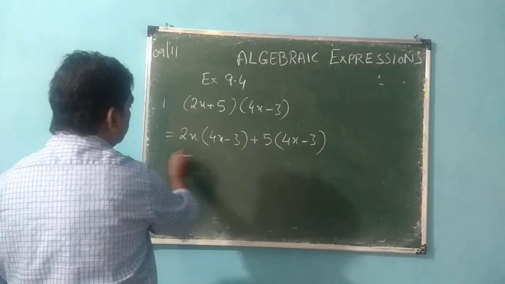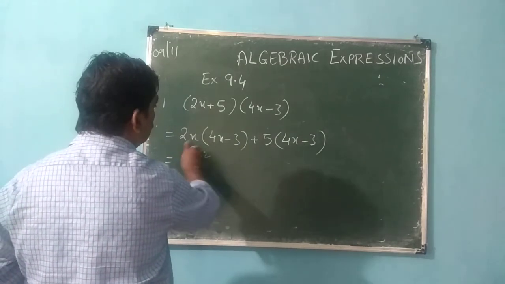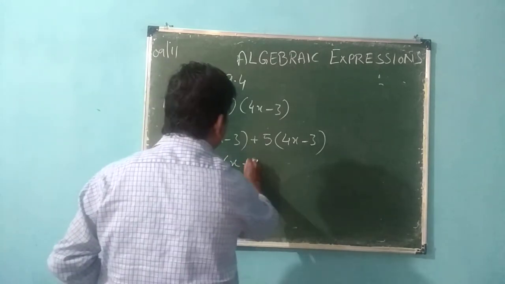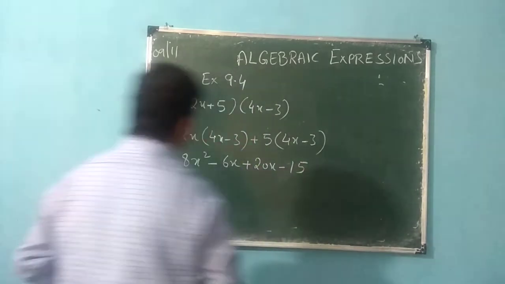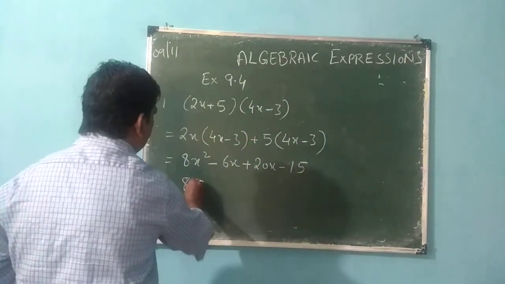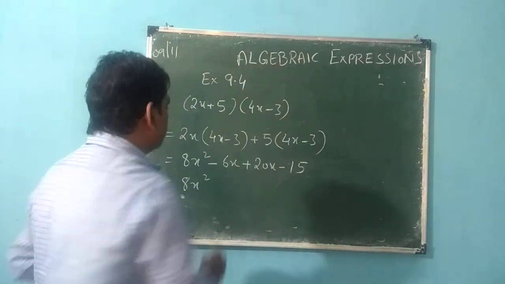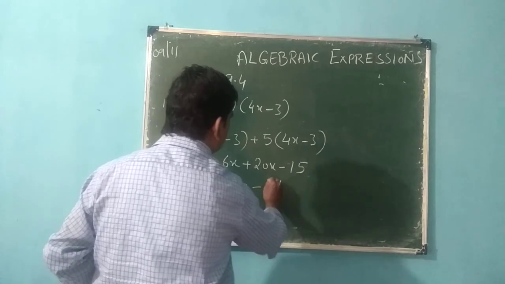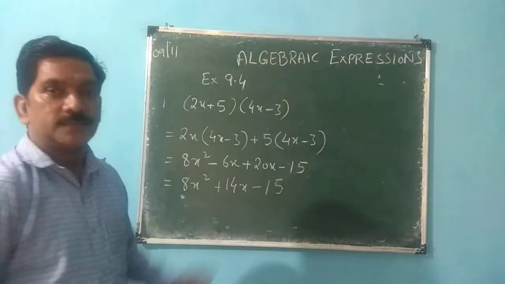So 2 into 4 is 8. x into x is x square. 2 into 3 is 6x, plus 20x minus 15. 8x square minus 6x plus 20x will give me 14x minus 15. So this is the answer.